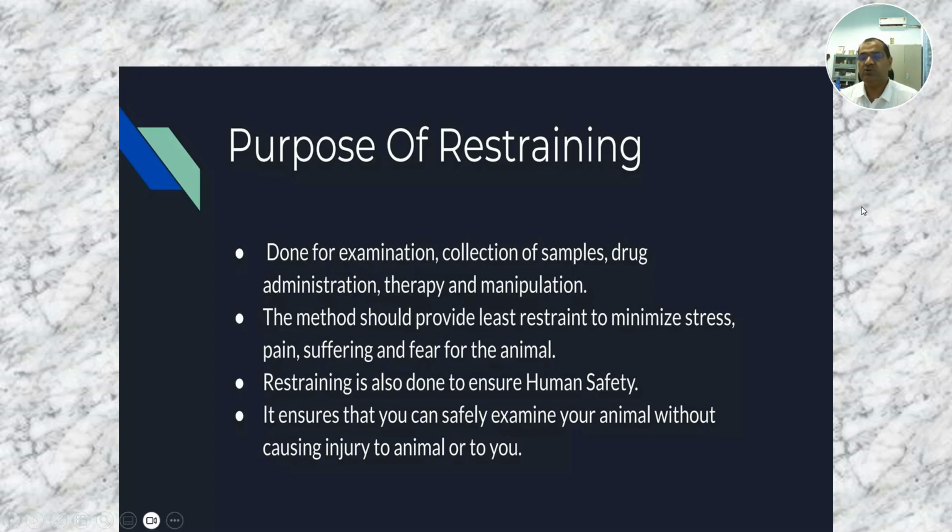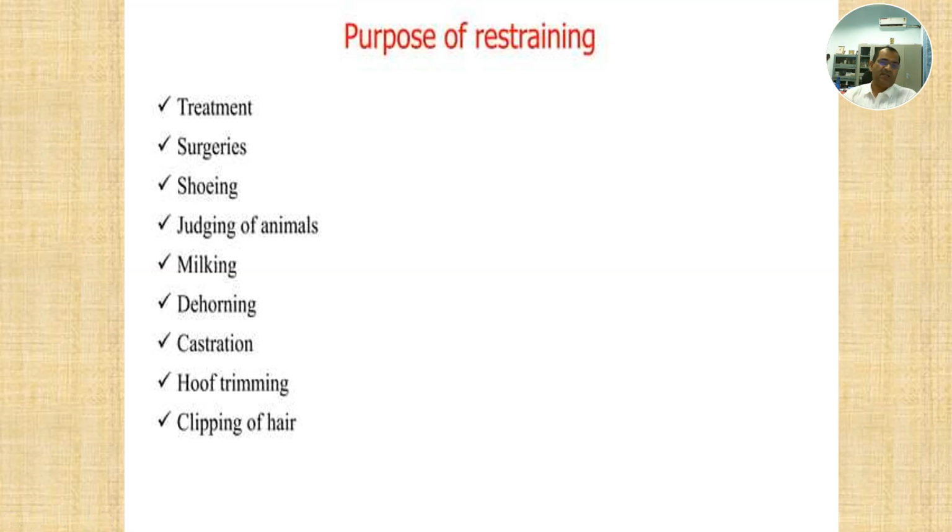And we need to focus on certain restraining techniques. Apart from this, there are also some surgeries we need to conduct on the particular animal, and at that time we are going to do the chemical restraint, and especially in case of shoeing, especially in case of the bullocks, we need to shoe that animal, and at that time the judging of the animals is also required, then milking, dehorning, castration, hoof trimming, and clipping of the hair.